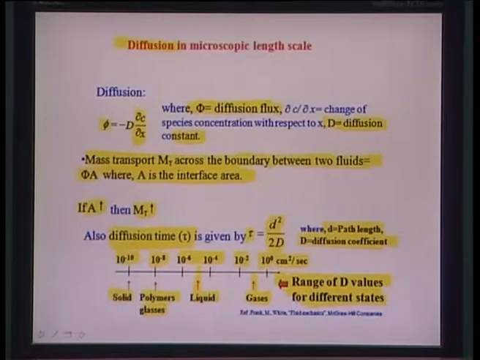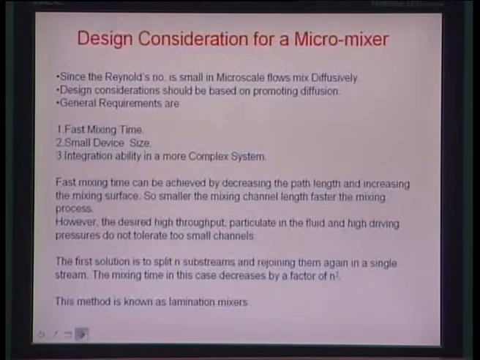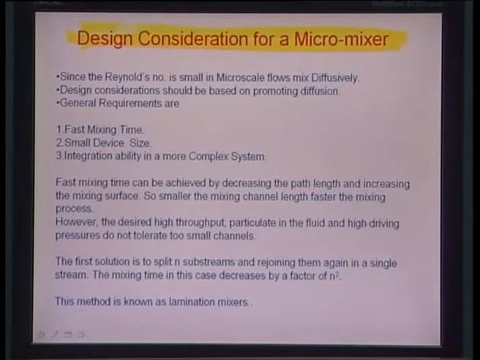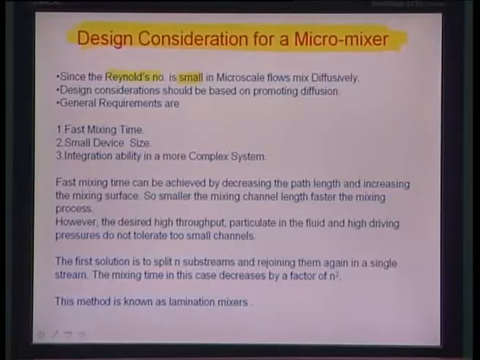Essentially that is a little bit of fundamentals of how mixing would take place at the microscopic length scale. So what really would be considered when we talk about design of micro mixers. So the number one problem that we are left with is the small value of the Reynolds number and therefore the diffusive mixing.